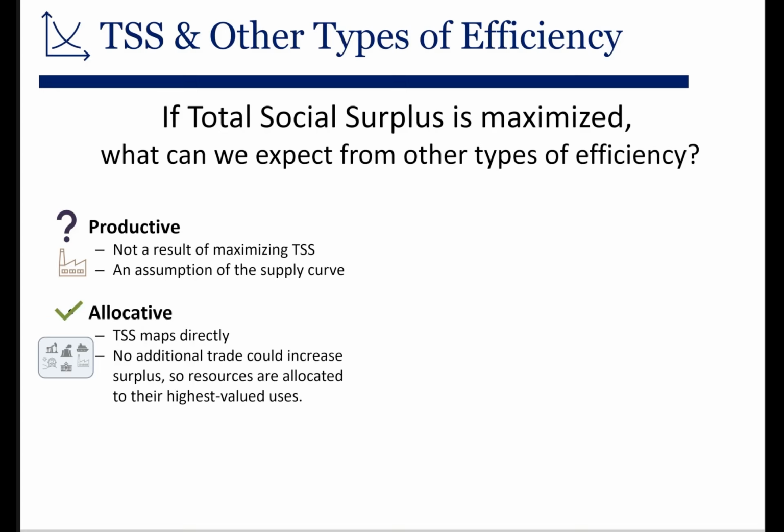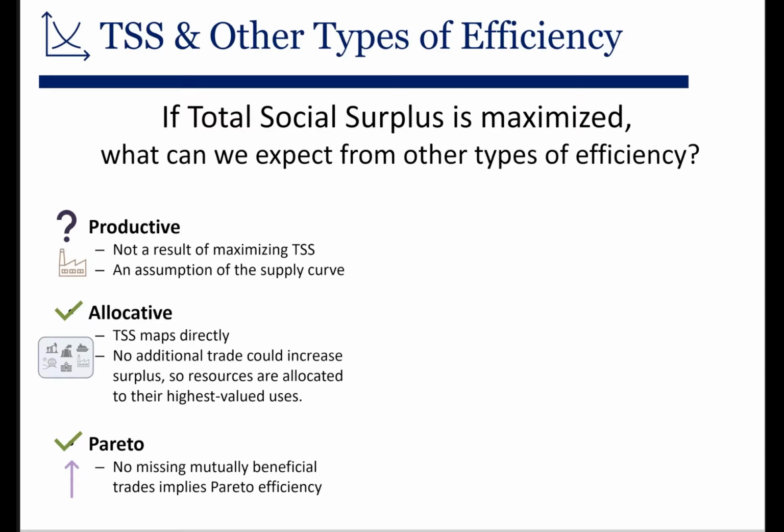So this maps. Pareto efficiency, the question of can we get something for free? Are there mutually beneficial transactions that aren't happening? This maps as well, because the fact that we have no missing mutually beneficial trades within the market for total social surplus being maximized implies that we are being Pareto efficient.